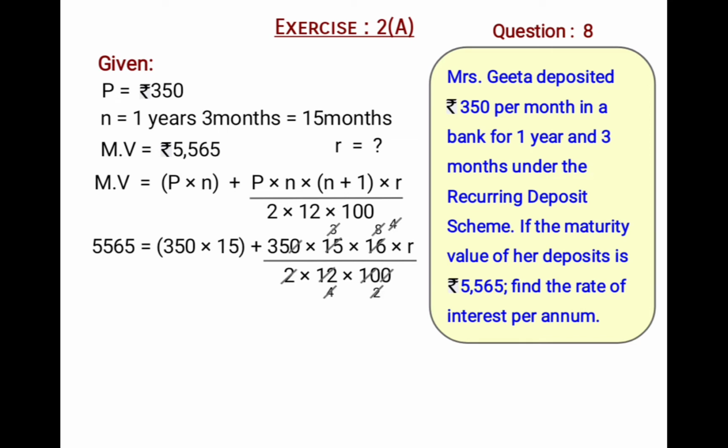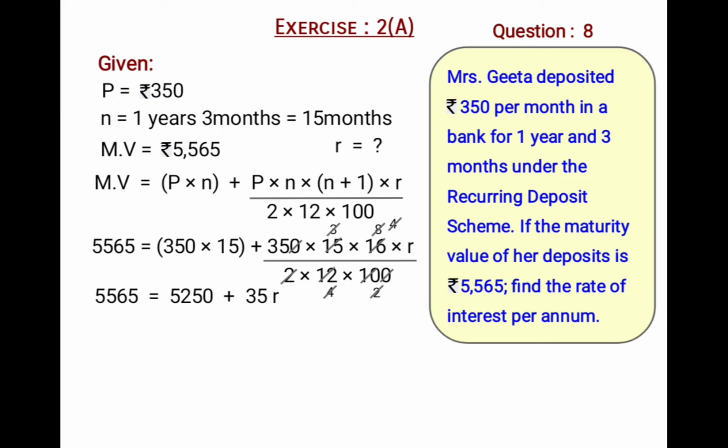On further simplification, we will get 5565 is equal to 350 into 15, 5250 plus 35R. We are going to transpose 5250 to the LHS side.